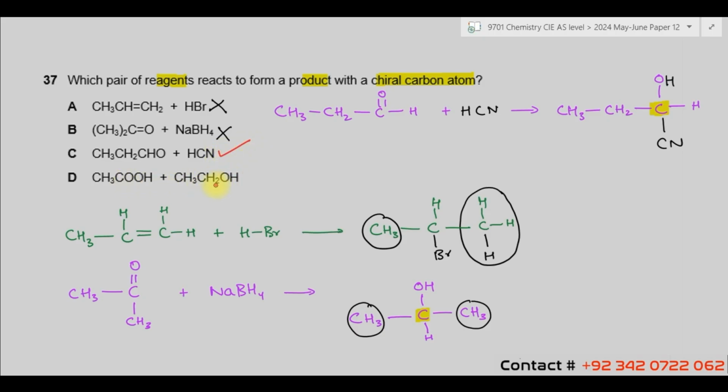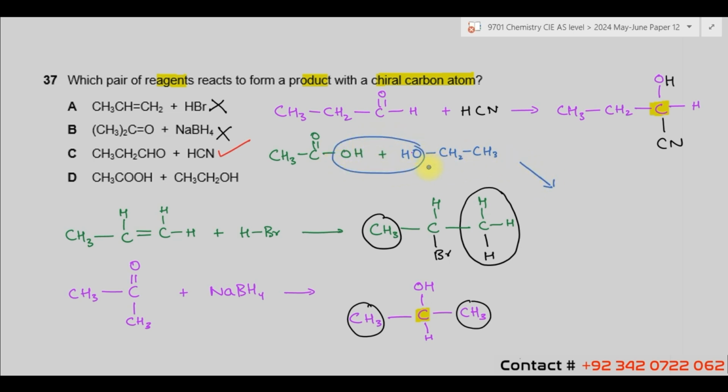Then we have carboxylic acid and alcohol, CH3 C double bond O OH plus 2 carbon alcohol OH with CH2 and CH3. They will combine together to form ester.